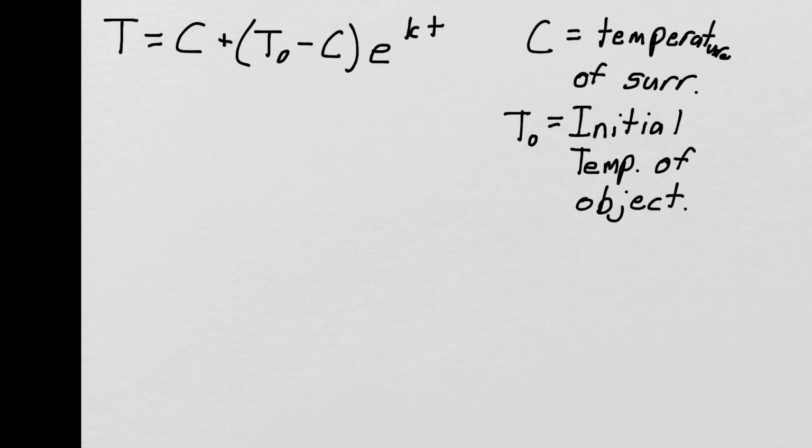So whether the object be the turkey that you put in the oven at Thanksgiving, or maybe a cup of coffee that you're letting cool off, or something like that.